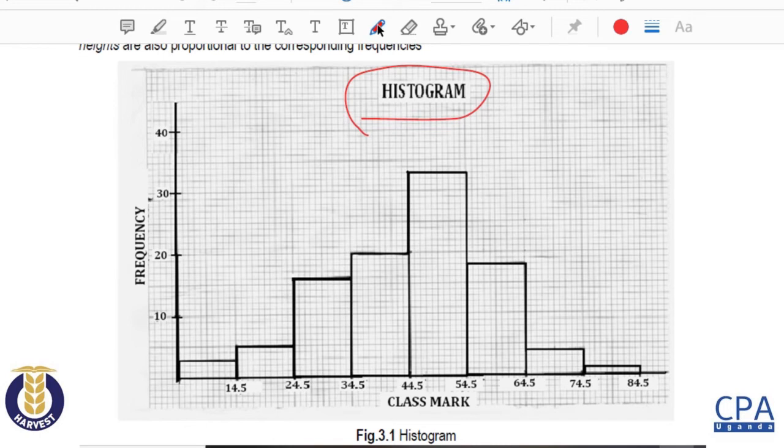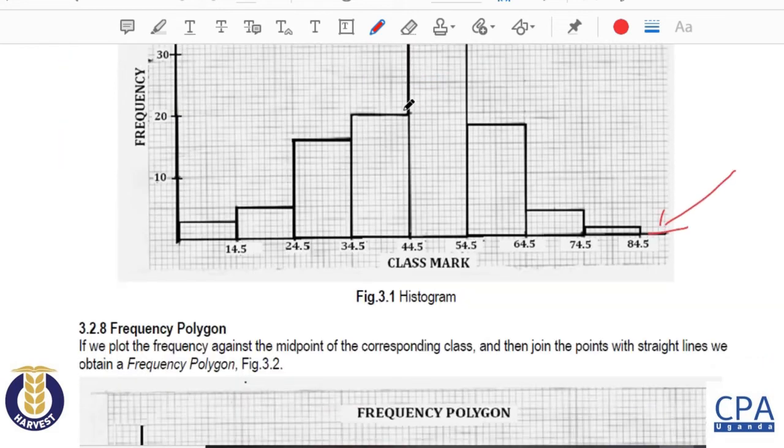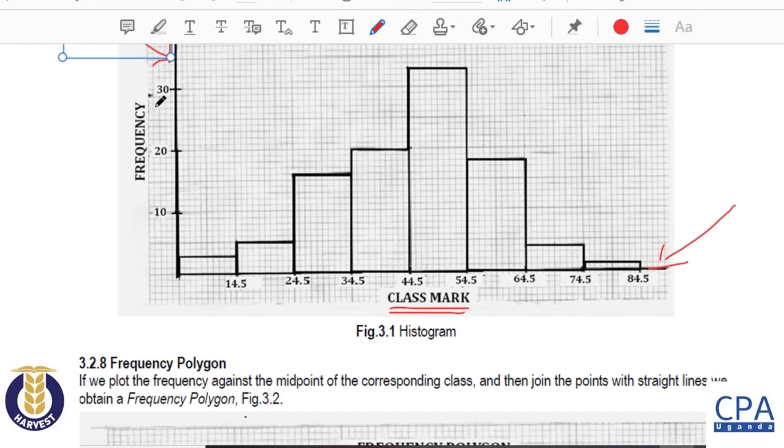You all know the x-axis, which is the horizontal axis, and then we have our y-axis, which is the vertical axis right there. So for you to construct a histogram, you need the x-axis, and on the x-axis we put the class marks, and then on the y-axis we plot the frequencies.